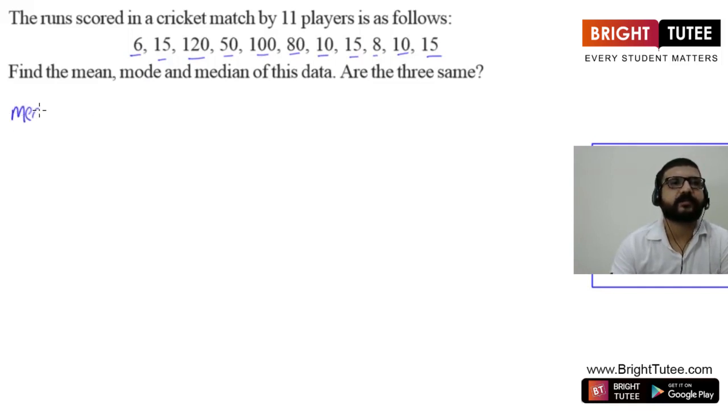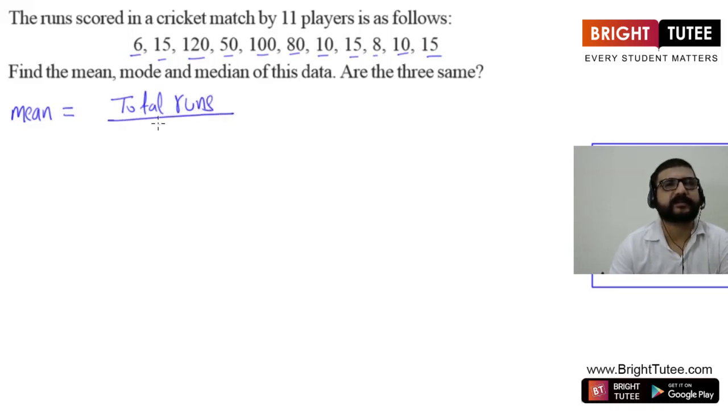Now as we know, mean is equal to the sum of the observations, so that will be the total runs here, divided by the number of observations. So in this case we can write the number of players.